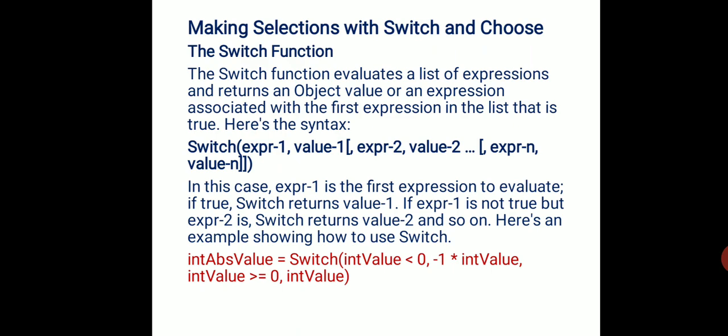So here is the syntax: switch expression 1 value 1, expression 2 value 2, expression n value n. In this case, expression 1 is the first expression to evaluate. If it is true, switch returns value 1. If expression 1 is not true but expression 2 is true, then switch returns value 2, and so on.